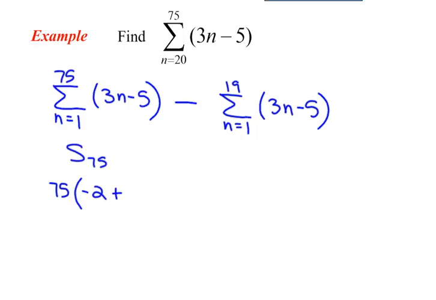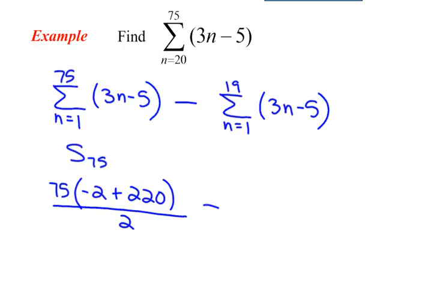Plus the last term, which would be the 75th term, we're going to plug 75 into 3n minus 5. So 220, divided by 2. So bring down our minus sign, and we're going to subtract.